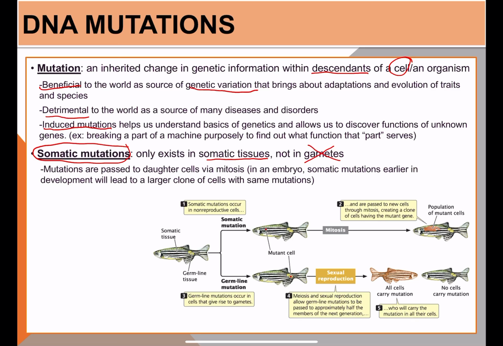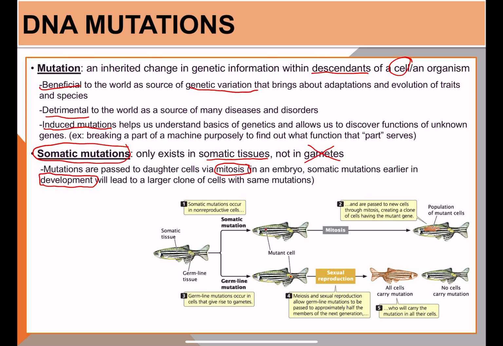Somatic mutations are usually passed to daughter cells through mitosis within that same organism. This can lead to very serious consequences if we are talking about somatic mutations that happen early in embryonic development. Embryonic development is when somatic mutations can be very detrimental to the organism.